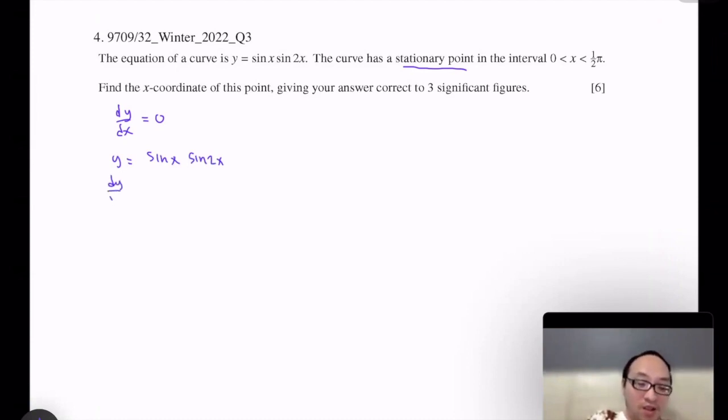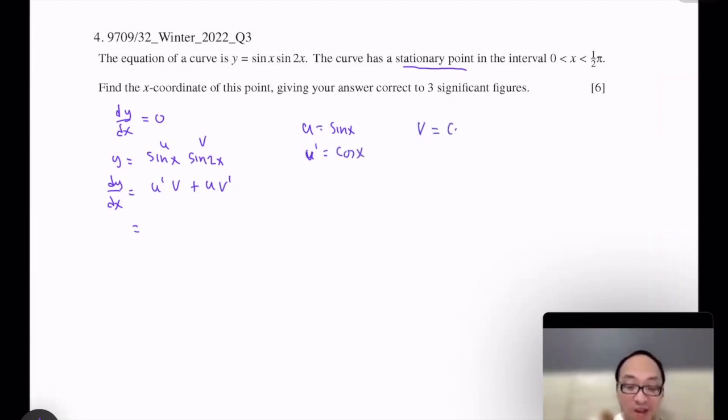The derivative, we have to use the product rule here. This is u and this is v. The formula is u prime v plus u v prime. u is sin x and u prime is cos x. v is sin 2x and v prime is 2 cos 2x.